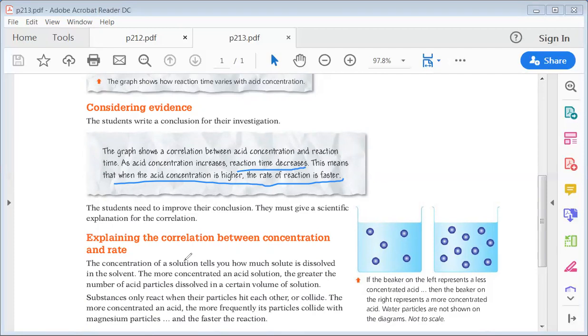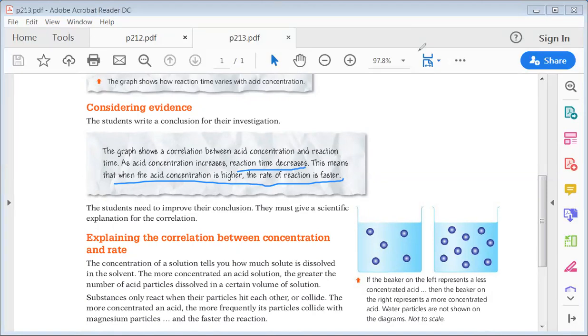They must give a scientific explanation for the correlation. They need to explain why the concentration makes the rate of reaction faster, or what's happening exactly inside the liquid.